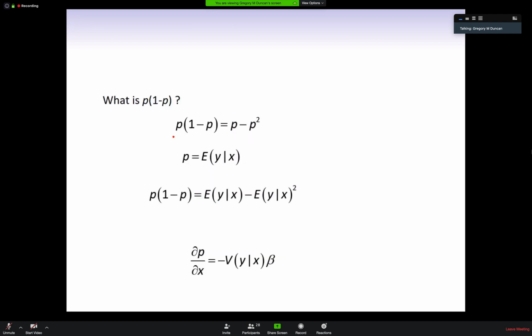So I have p times 1 minus p, p minus p squared, where p is e of y given x. So p times 1 minus p is e of y given x minus e of y squared. And we just showed that this is, in fact, e of y squared because y is 0, 1. So this says that dp dx is equal to the variance of y times beta.